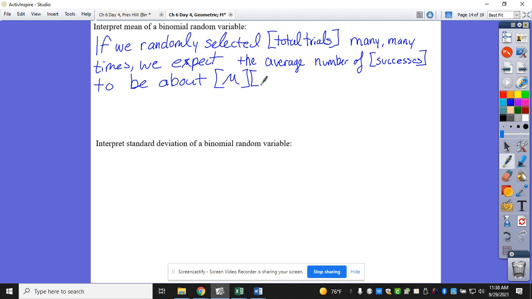And the what of that? So if we randomly selected 7 rolls of the die many times, we would expect the average number of stars to be about 3 stars, or 3 rolls.